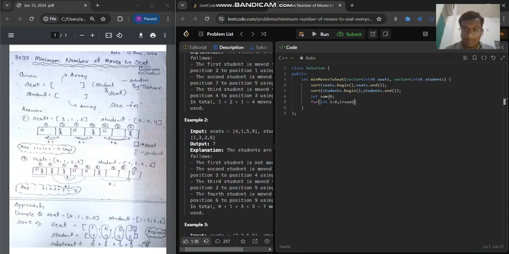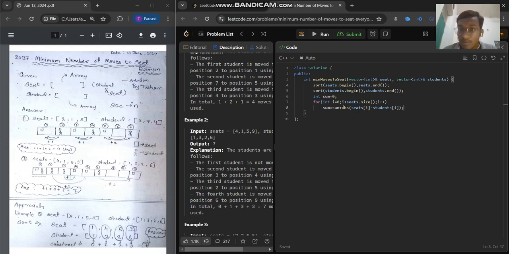Now what we have to do? sum equals sum plus abs of seats of i minus students of i.